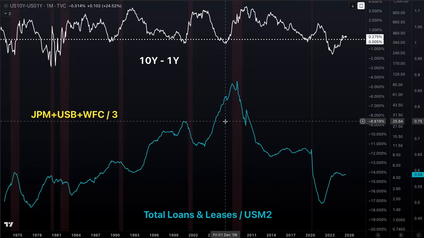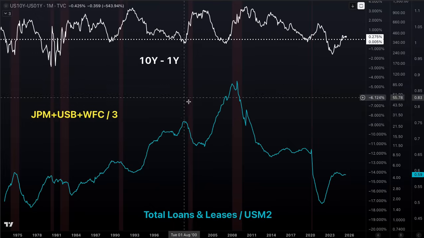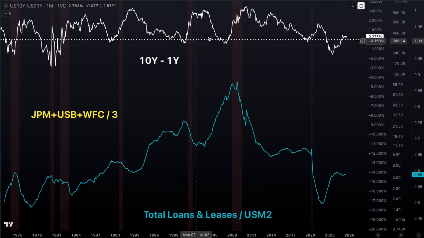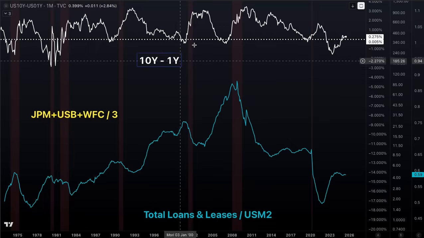Because the very, very basic way that a bank functions is they borrow short and they lend long. Because we established, generally speaking, the yield curve is positive sloping. The inversions are the exception. And so if you're a bank, let's say here, let's pick a random time, 2002, what this is indicating is that you could borrow 1-year debt, right?